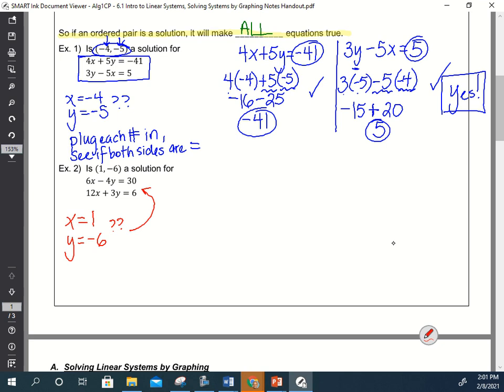We're going to do exactly what we just did. The first equation goes first. X is equal to 1, so 6 times 1 minus 4 times negative 6. And we have to get an answer of 30.